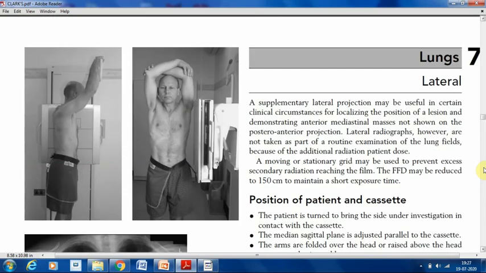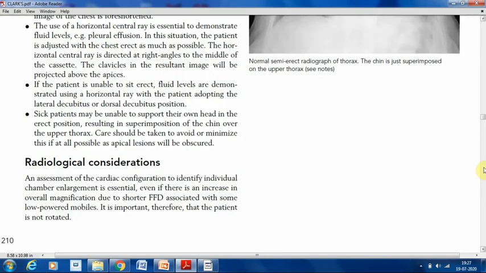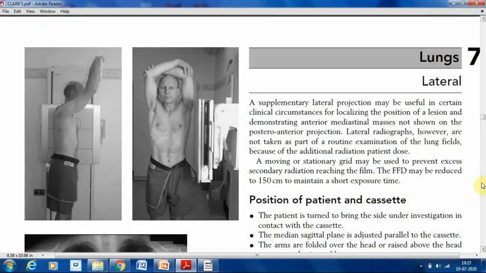Next we'll come to the radiography of the lateral view. You do chest X-ray PA and AP as the routine views. The lateral view will be taken only when we want to locate the position of any lesion or mass lesion, to see whether it is in the anterior side or the posterior side, in which lobe, to localize it.